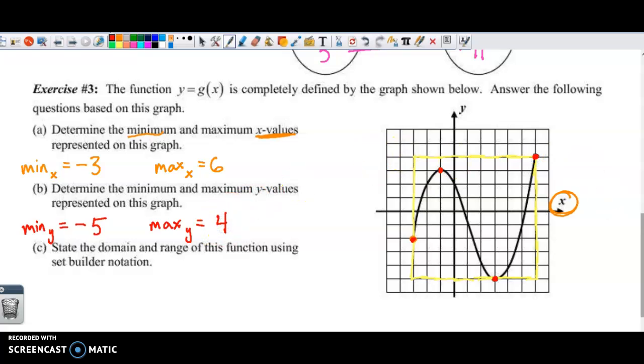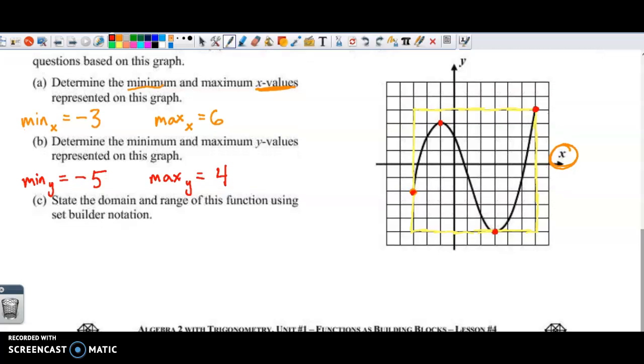So the reason why that is helpful is there's what's called set builder notation. Let me at least introduce set builder notation, but I'm a bigger fan of what's called interval notation. In set builder notation, I'm going to do the domain first.